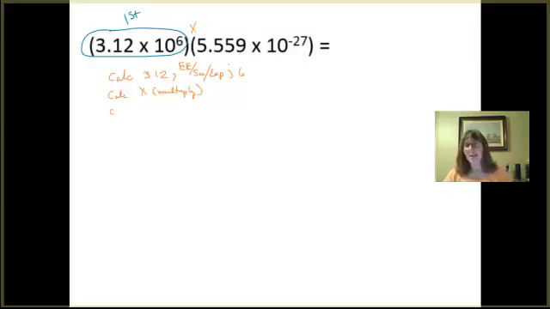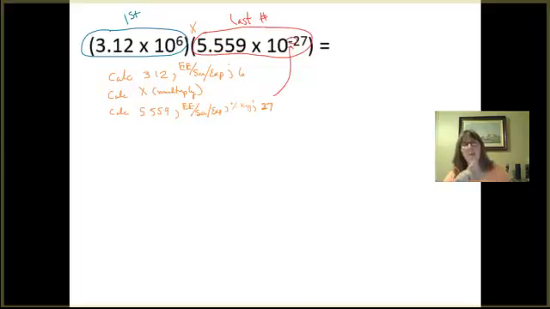Now the catch here is that second number is a small number. So the coefficient, we put that in 5.559. We hit our EE or EXP key, and then we need to go ahead and say negative 27. And actually there's a couple of ways of doing that.